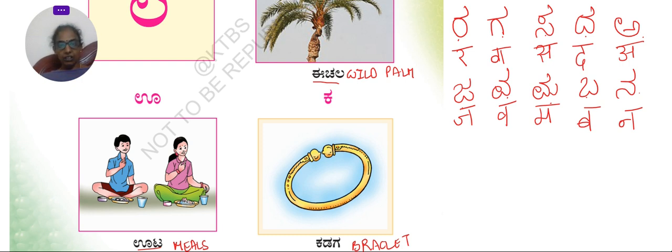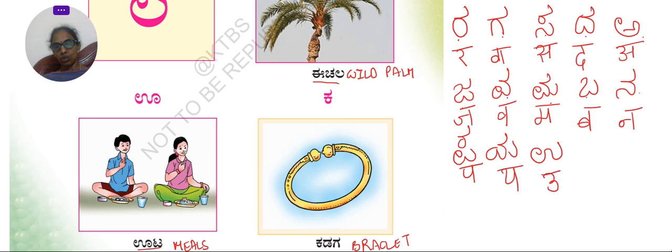Then the alphabets in lesson 3 were Pa, Ya, U, Da, Ta, and Cha.